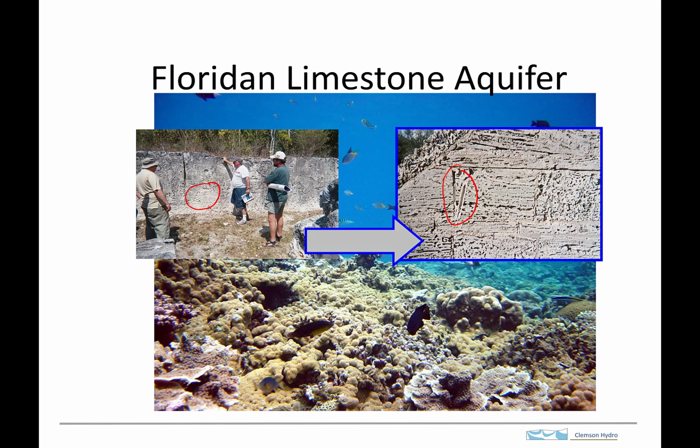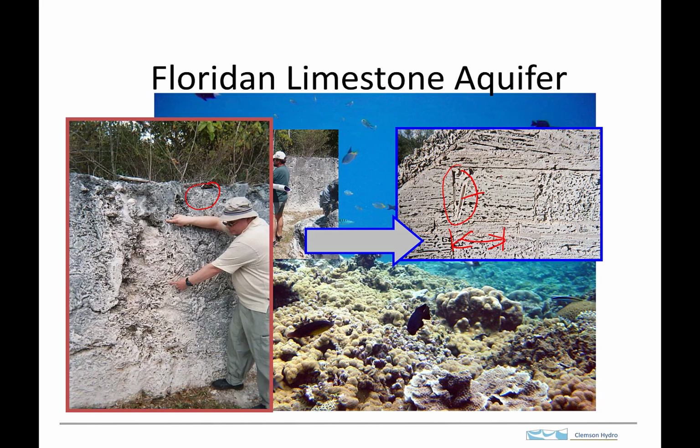The scale on this is, I don't know, maybe a tenth of a meter, something like that. So these pores here are probably on the order of centimeter-scale size, very, very large pores, and a lot of them. So this is very highly porous and highly permeable material as a result.